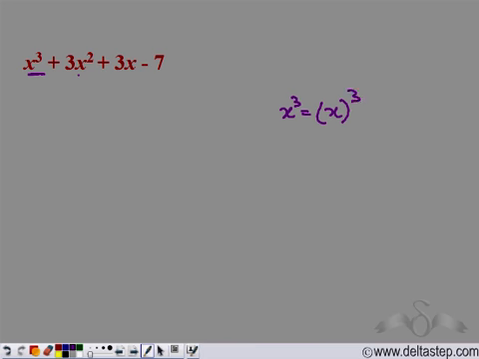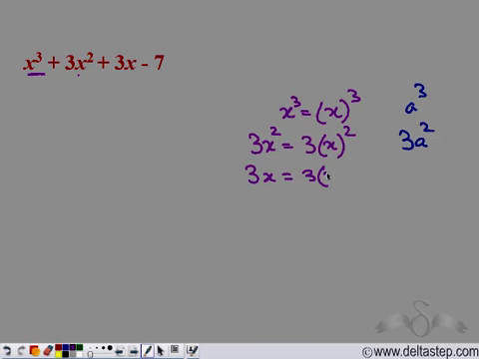Now if we consider x to be a, we can write it as a cube. 3x square is 3 into x whole square. So we can compare it to 3a square. Next we have 3x. So 3x is 3 into x. So it is of the form 3 into a.